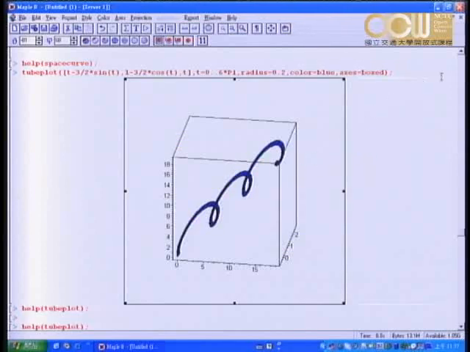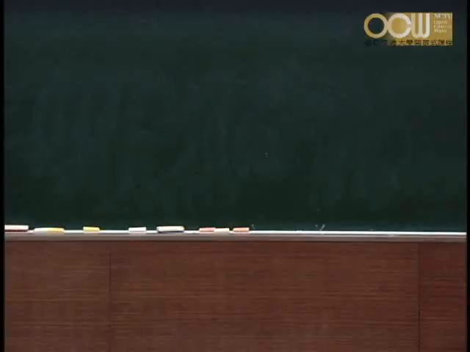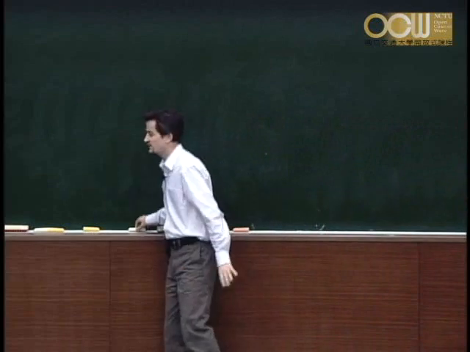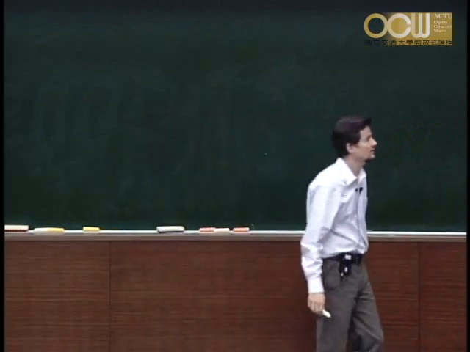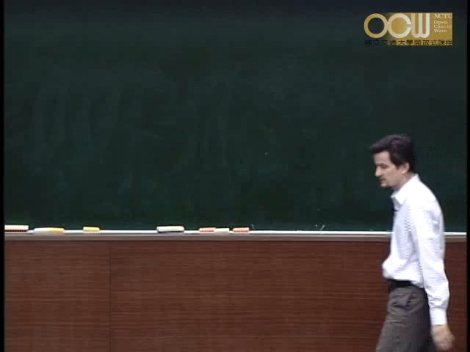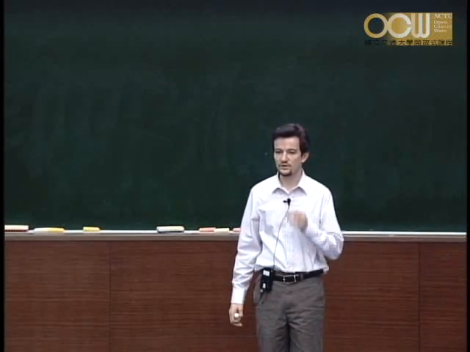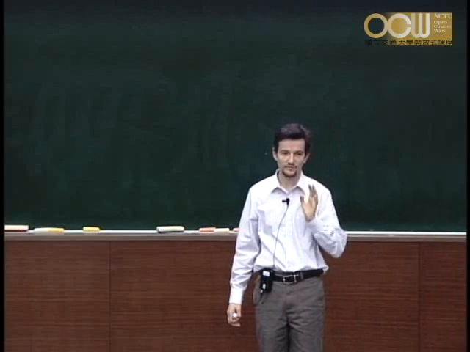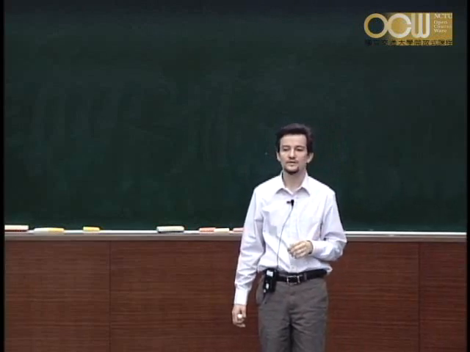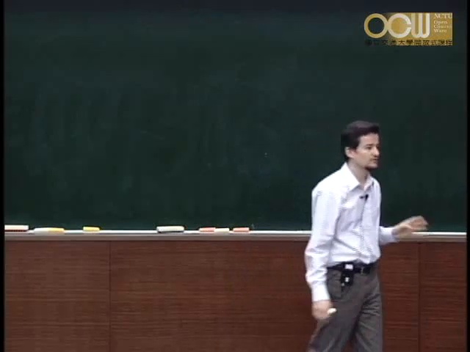Okay, so in this section, section 13.1 in our textbook, we introduced vector functions, and the space curves you just saw are in some sense the graph of a vector function. We also already introduced the limit of a vector function, which we just defined pointwise.